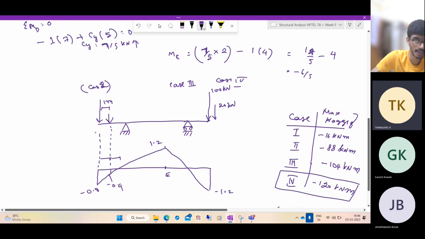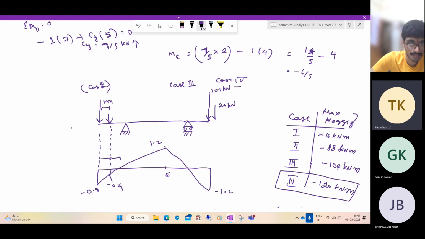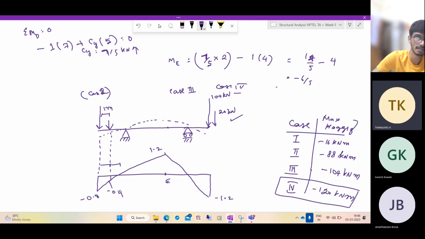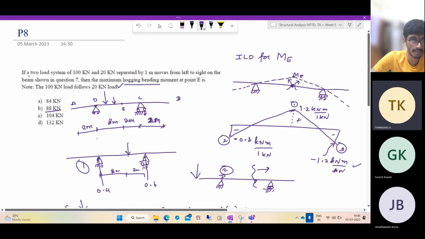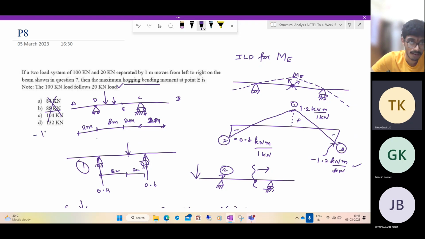In case 1, it will bend something like this, and in this case the load is closer to point E, so this will be the governing case. So all the options are wrong. If they're asking for the maximum bending moment, it is minus 120 kilonewton meter.